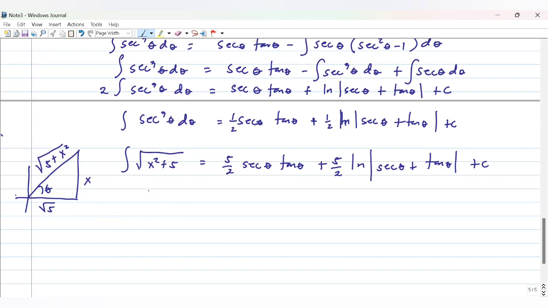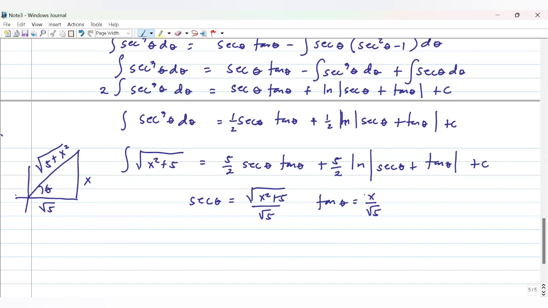Okay, so looking at this one, our secant of theta is equal to square root of x squared plus 5 over square root of 5. And our tangent of theta is opposite over adjacent, that is x over square root of 5.